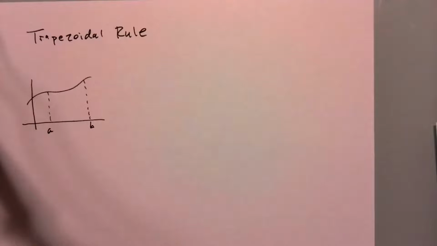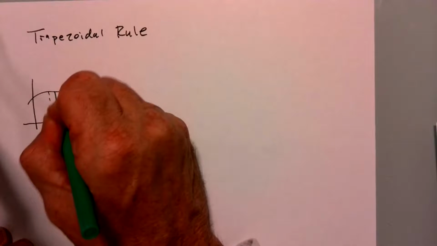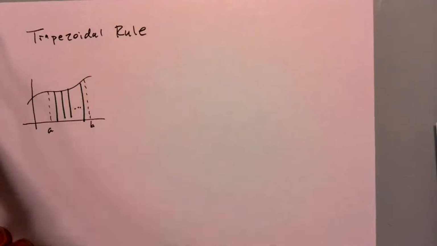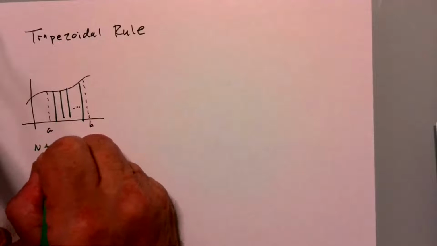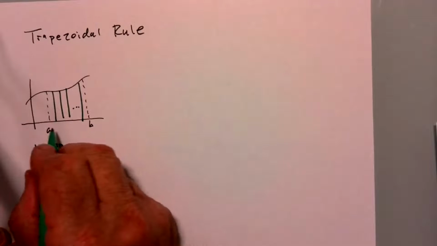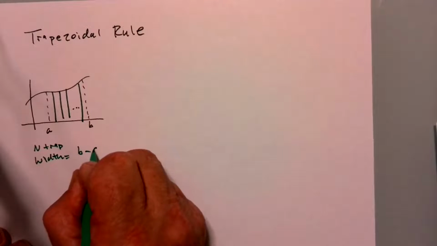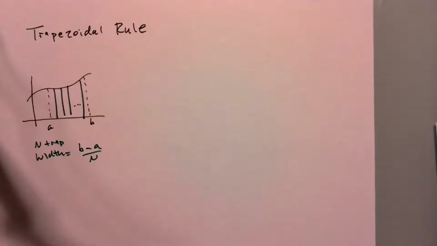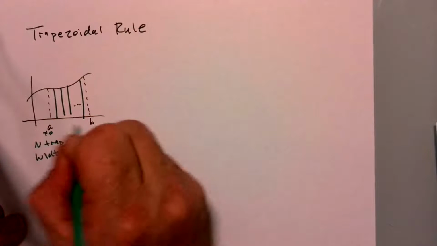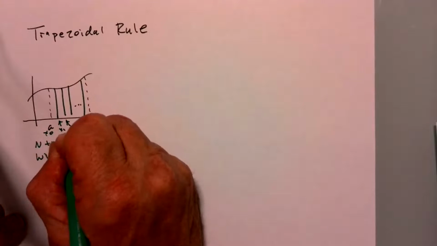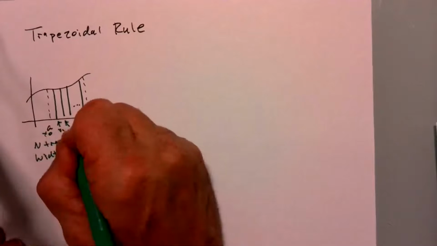We're going to divide it up into n pieces, so we have n trapezoids. If we have n of them, the width is going to be b minus a over n. Now, these values that we start with, we call a x sub 0, we call b x sub n, we call this guy x sub 1, and this guy x sub 2.